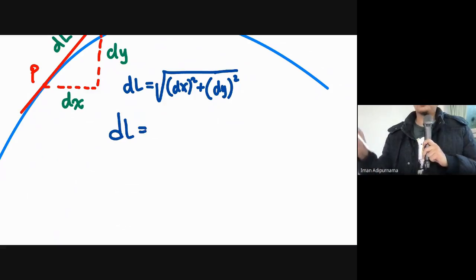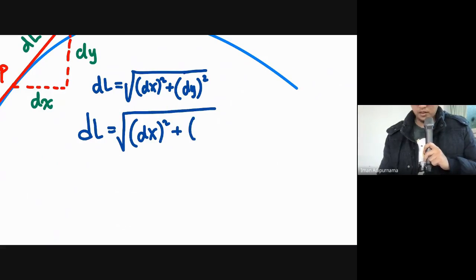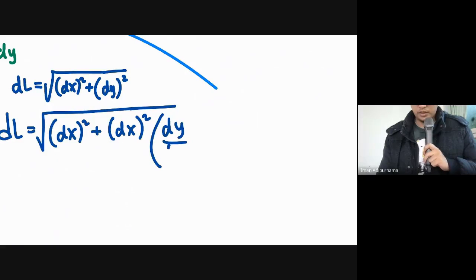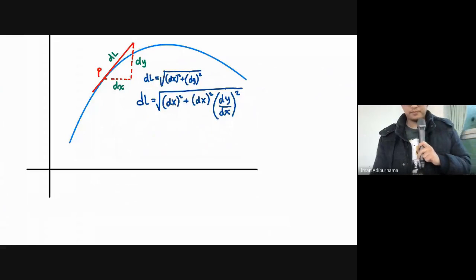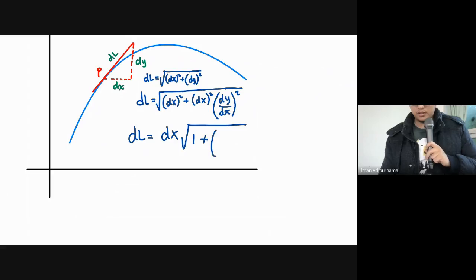Then we try to rewrite the formula. Let dx stay dx, and dy become dx squared times dy over dx squared. Now dl becomes, I move the dx outside, and I get the square root of 1 plus dy over dx squared.